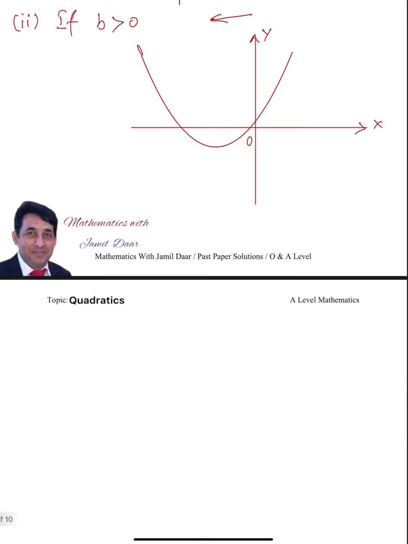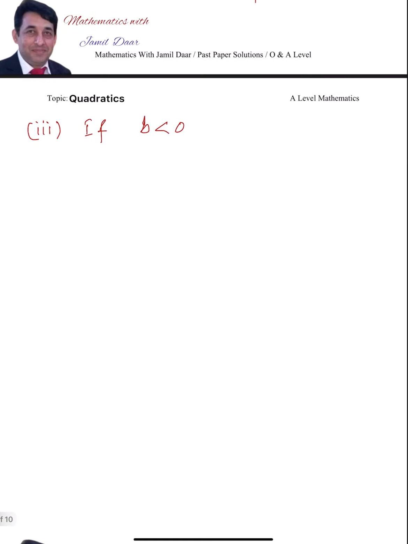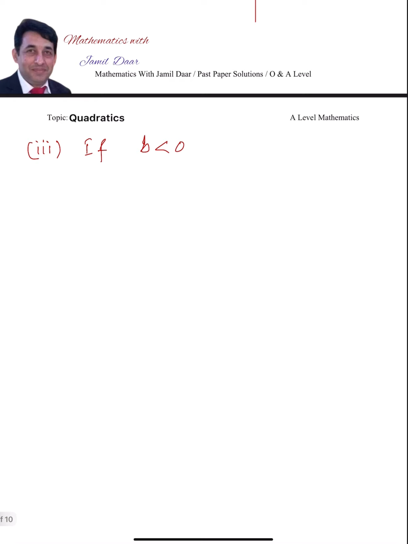And if b is negative, then the graph will move more towards the right side.